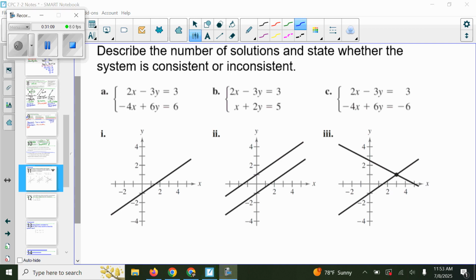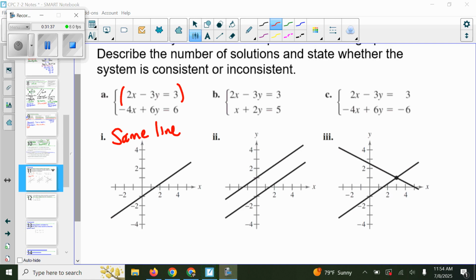All right, if we can trust the graphs, it certainly looks to me like graph I looks like the same line. I guess it's letter A. And if we look at that, if you multiply this first equation by -2, will you get the exact same equation?